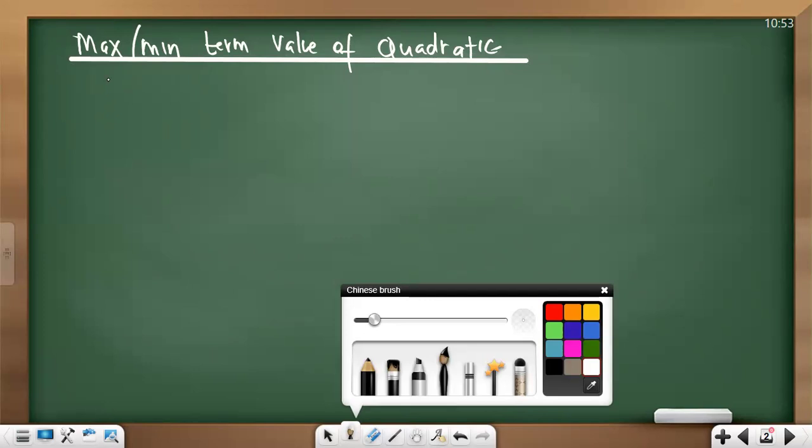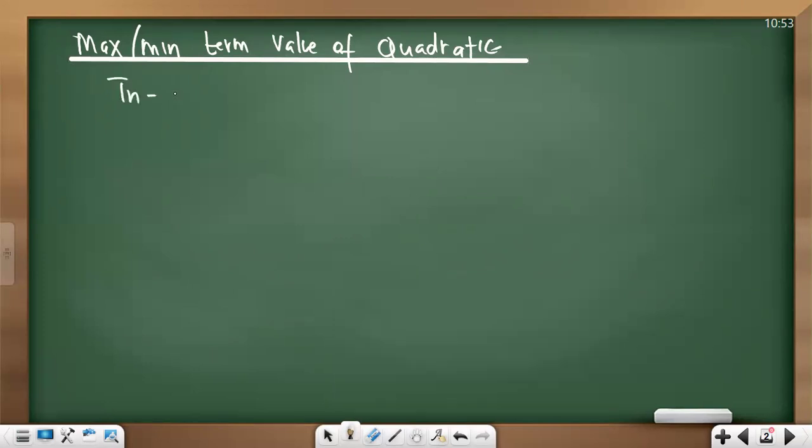Remember Tn is given as an squared plus bn plus c. I hope you're with me. So this is the same thing as y equals ax squared plus bx plus c.